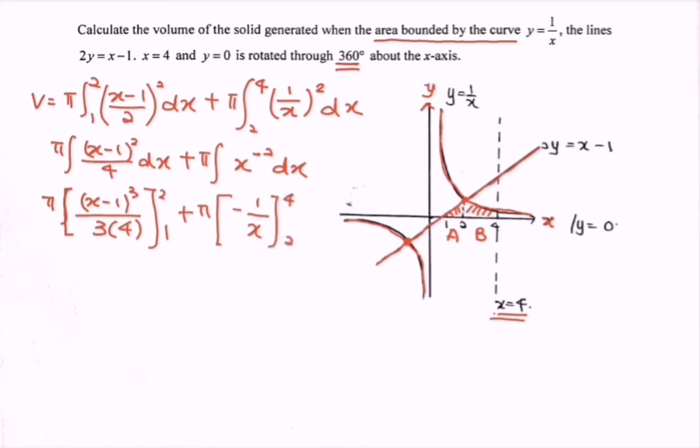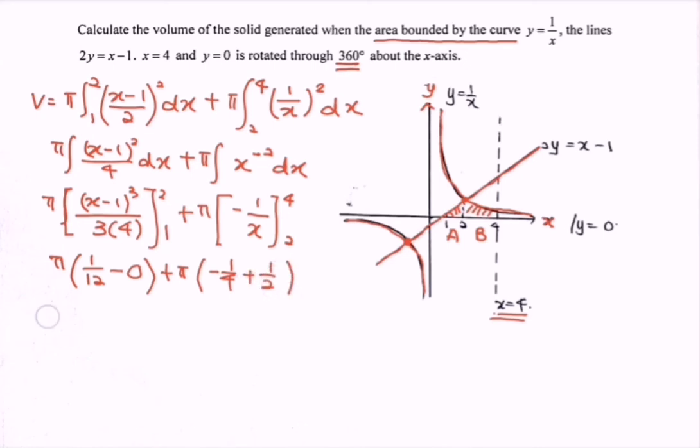If we substitute the situation, we will have pi bracket 1 over 12 minus, if we substitute 1, we will obtain 0. Plus pi bracket: if we substitute 4, we will have negative 1 over 4, minus, if we substitute 2, we will have plus 1 over 2.